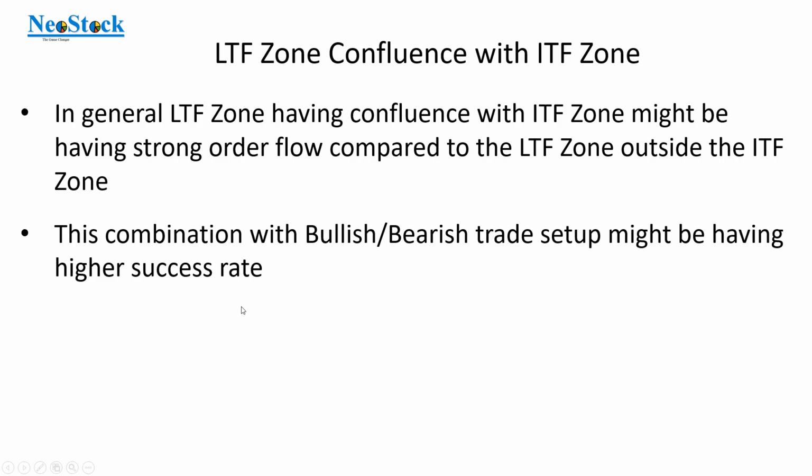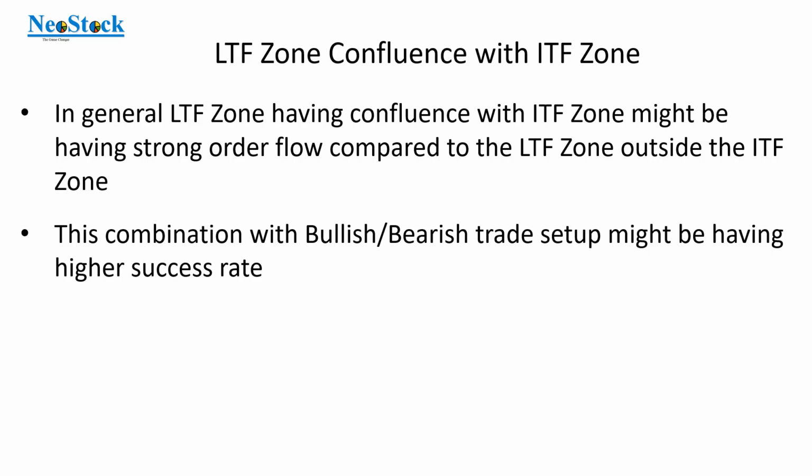So in such a situation, bullish and bearish trade setups with a lower time frame zone having confluence with the intermediate time frame will have a higher success rate. Because I have seen some people say, today I took a trade in the bullish trade setup or bearish trade setup, the zone was violated, and I was stopped out. What could be the reason? Sometimes in a bullish trade setup, LTF zones will be violated, but the trend is still an uptrend.